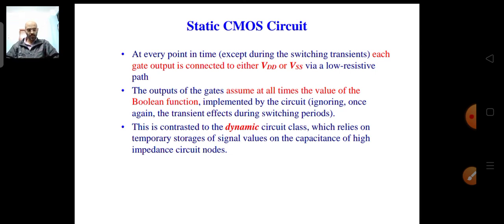When it is switching from one state to the other state, then you call it the dynamic characteristics, the switching characteristics. So we'll talk about the static CMOS circuits, in which we will assume that the circuit is in a steady state in one of these states.